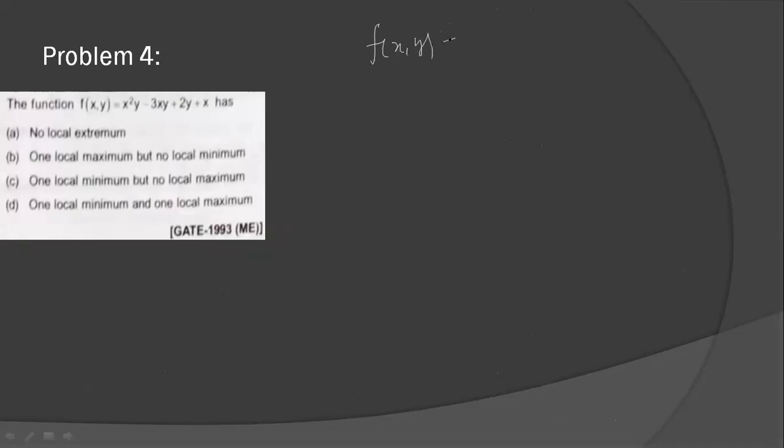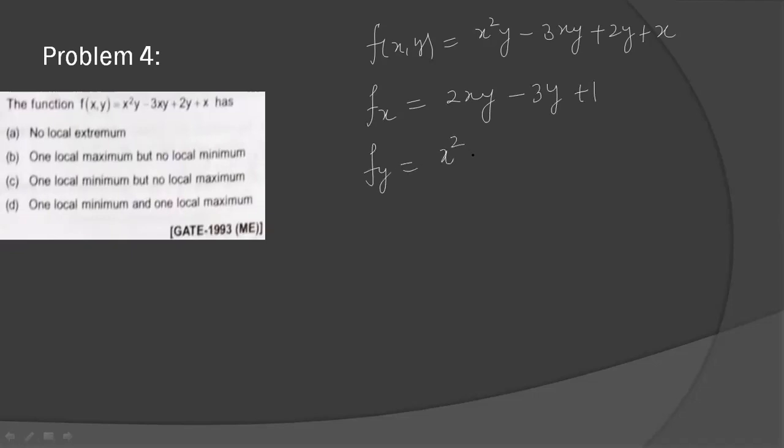Problem 4. f(x,y) equal to x square y minus 3xy plus 2y plus x. Now, with respect to x, it will be 2xy minus 3y plus 1. With respect to y, it will be x square minus 3x plus 2.